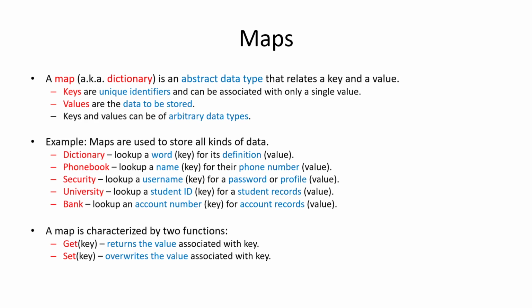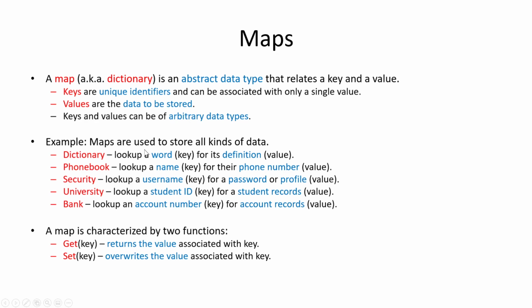So we've been talking about the key and the value in the sense of the database, a more practical purpose. Well, in an abstract realm, anything that serves this purpose, anything that relates a key and a value, we're going to call a map. We sometimes also call these dictionaries, because a dictionary is a standard example of a map.